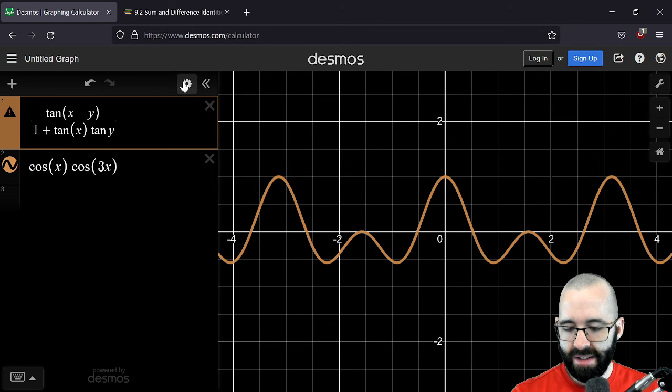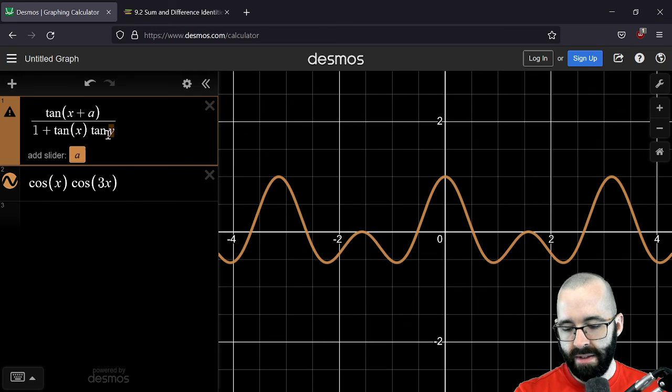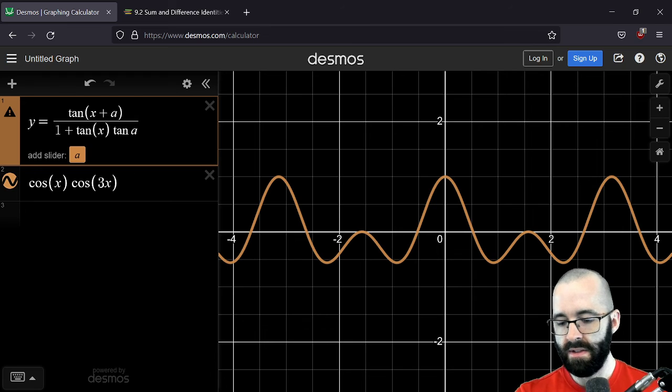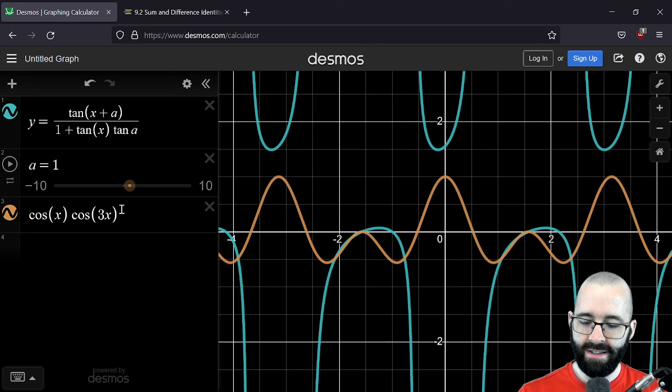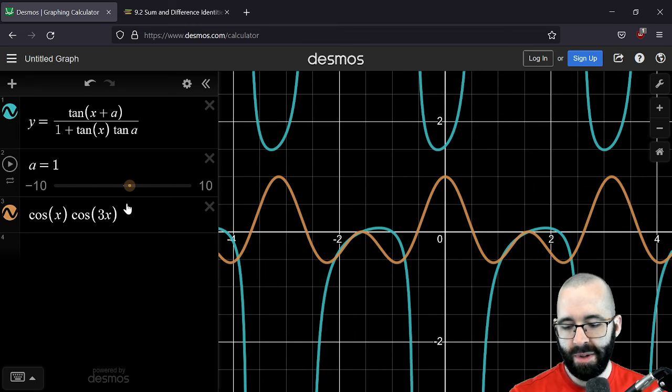Something that we actually could do though is replace this with some parameter. We could actually graph this function for any value of that parameter. Let's replace the y's with a, and we can still see this graphically.